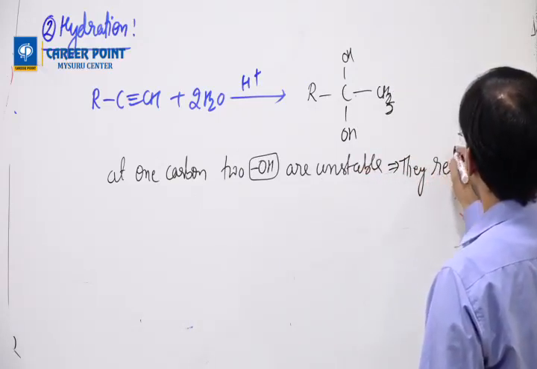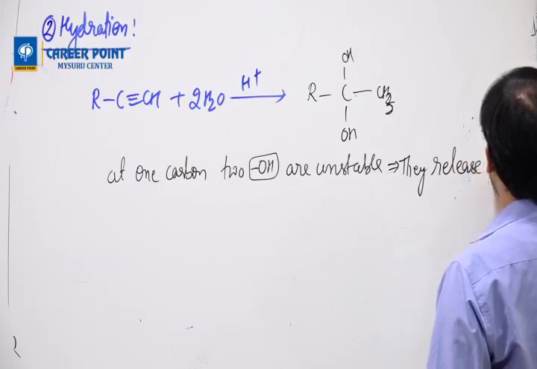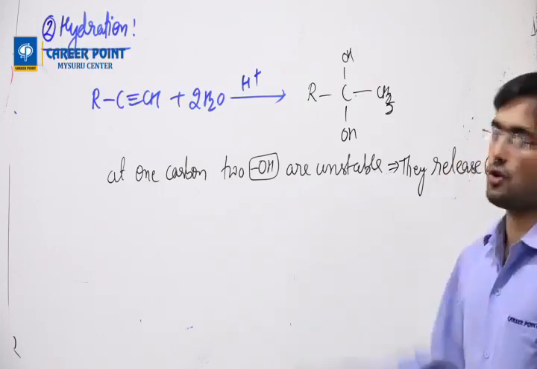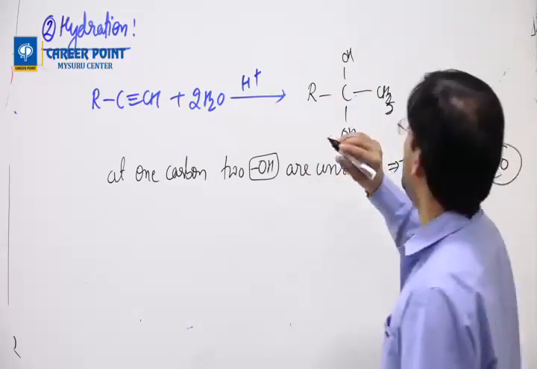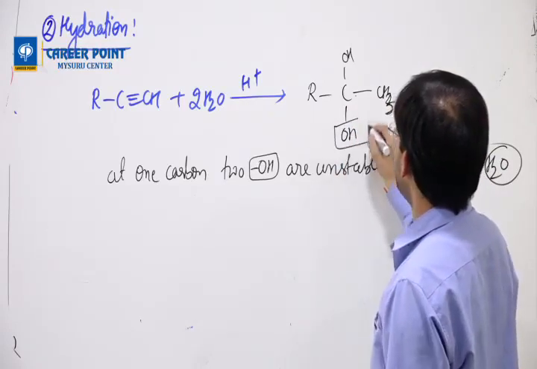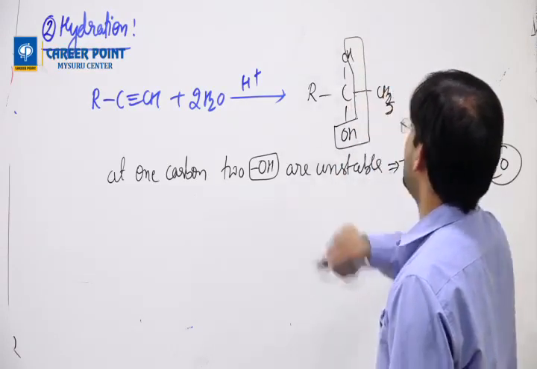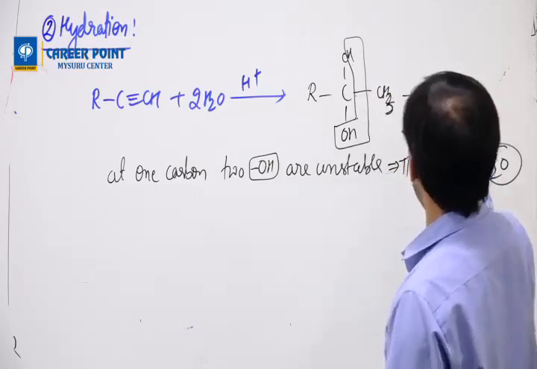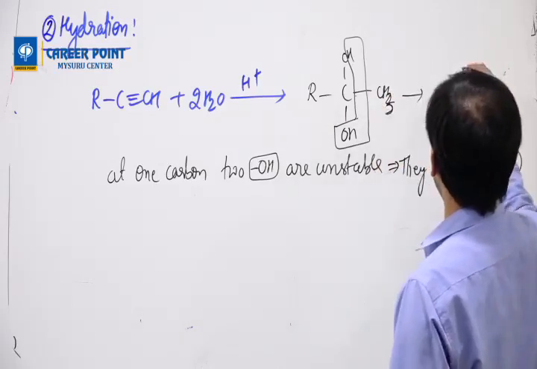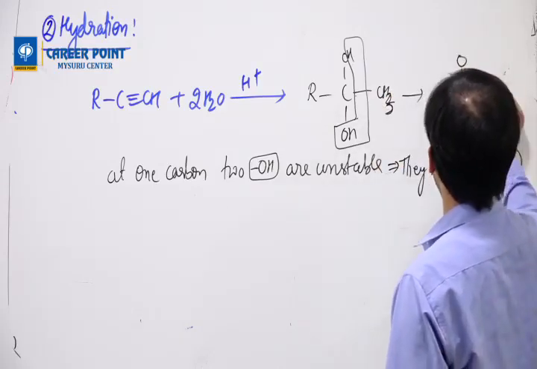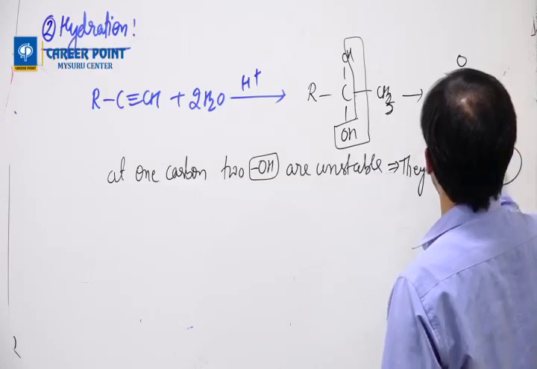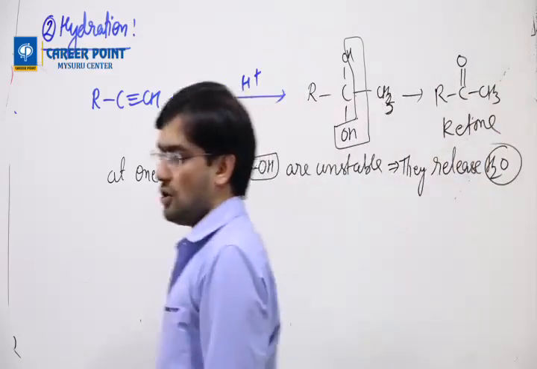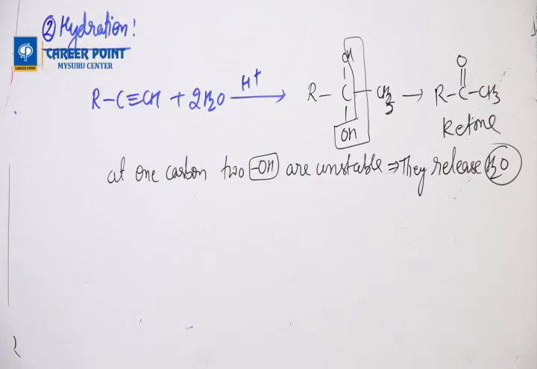They release water molecules. Out of these 2, you lose a water molecule: OH is here, and one more, what do you need? H. If you do this, H2O is gone, but then a valency is created for oxygen and carbon, that will join together and form a ketone, RCOCH3. Understand?